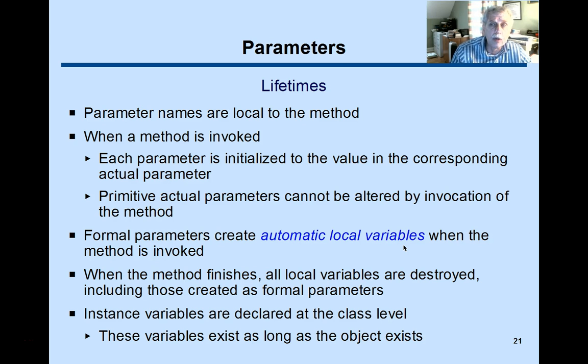So it's automatically created and automatically removed from the environment. When the call completes, the storage is freed up. We don't have to do anything to cause this to happen. Simply declaring the parameter causes this to happen when we execute the code. It's all automatic.